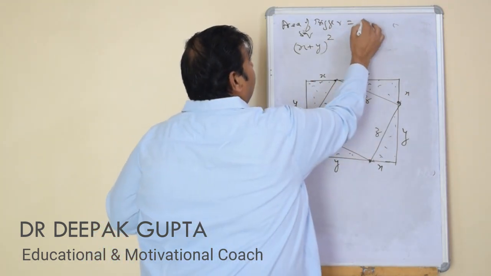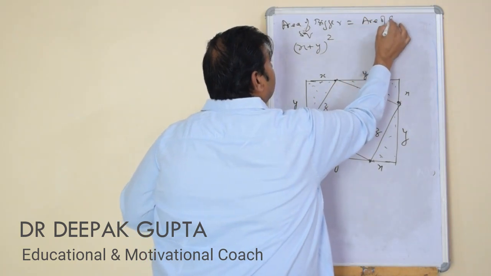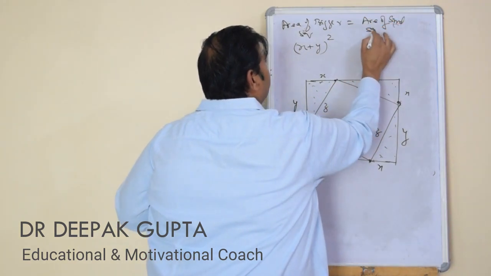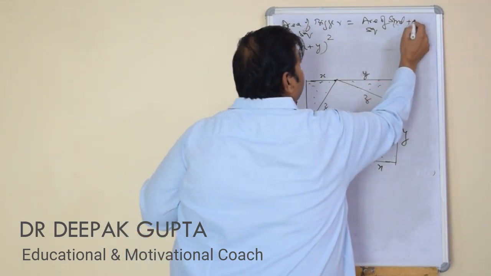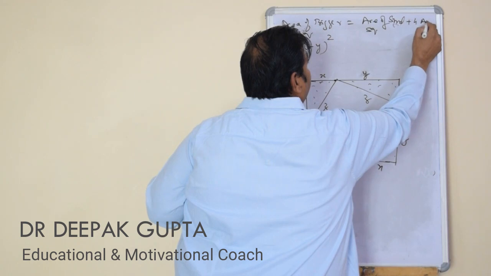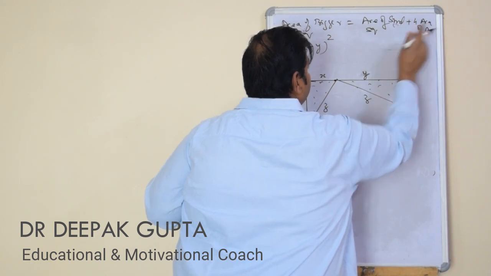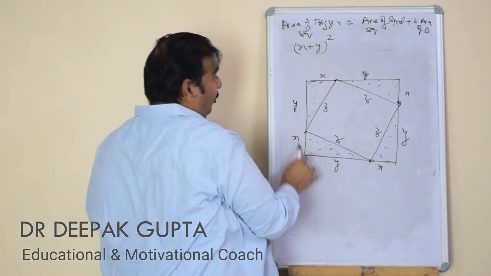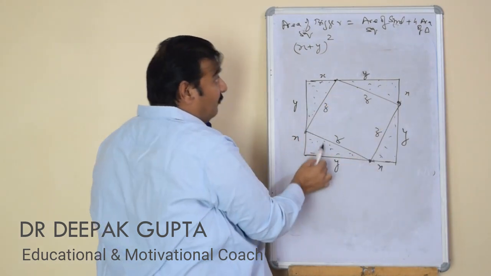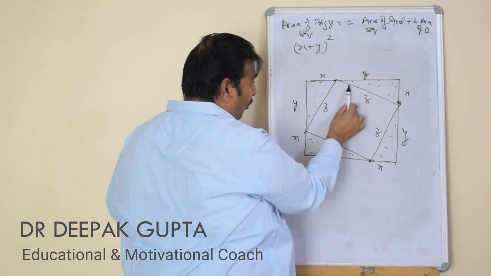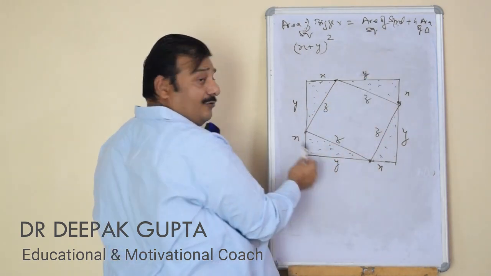Can I say it is the area of the small square plus 4 areas of triangles? Now this whole is this square plus 1, 2, 3, 4 triangles. So, that is the area of the small square plus the area of these 4 triangles.